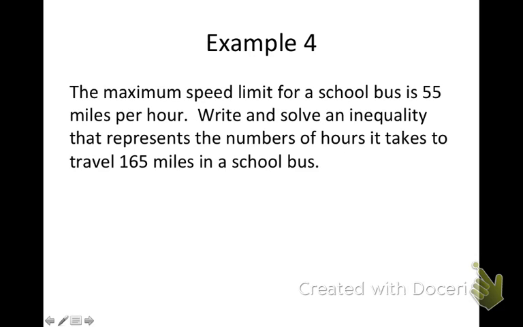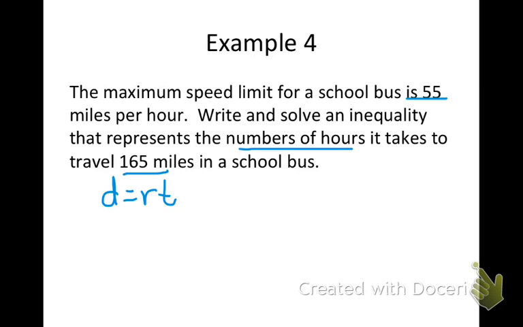In example 4, the maximum speed limit for a school bus is 55 miles per hour. Write and solve an inequality that represents the number of hours it takes to travel 165 miles in a school bus. So we have our distance, rate, time, and in this problem we know the distance and we know the rate, and we're missing the time, and we want to know the number of hours.